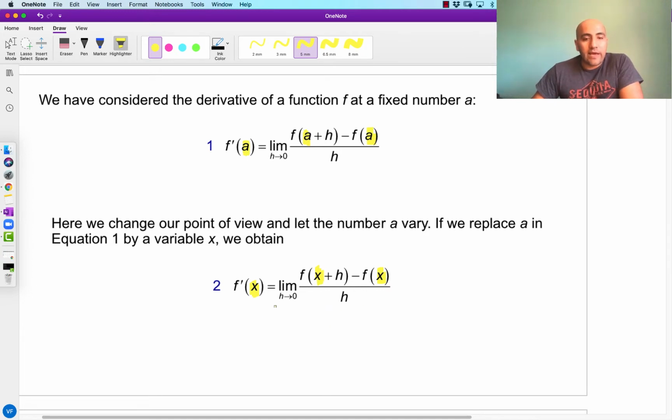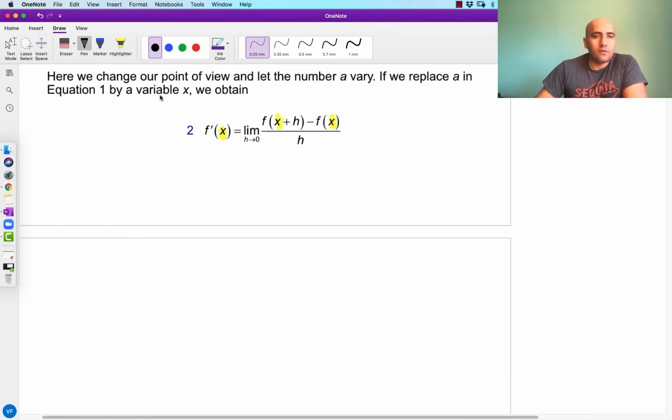So when we acknowledge that this itself is a variable, to be determined, then f prime of x is a function itself. It's a function where you input a value x and the output is the slope of the line tangent at that point.